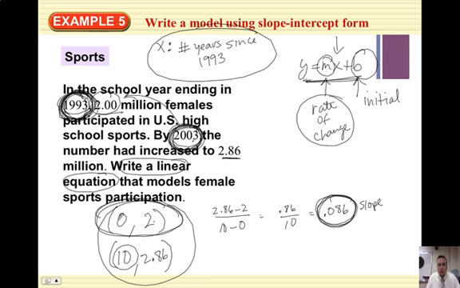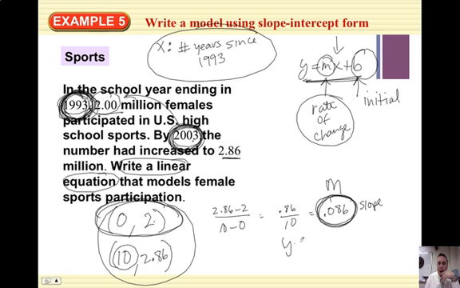But what if it wasn't? What if it was 5, 2 in 10, 2.86? You would find the slope and then put one of these coordinates back into y equals mx plus b, just like you did for example 4. You plug in x and y, you have m already, here's your m, and you figure it out.